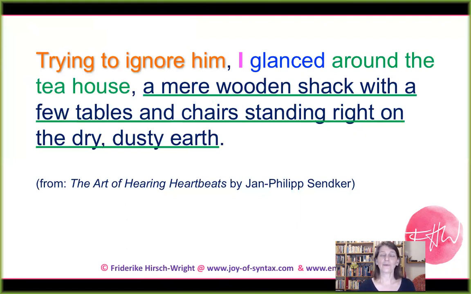The main thing is we have a participle construction that is a predicate appositive, and it is in initial position. So the subject is I, and I was trying to ignore him while I glanced around the tea house. And I can express that by saying, "Trying to ignore him, I glanced around the tea house." The bit that is underlined in green is an appositive, just in case you wanted to know.